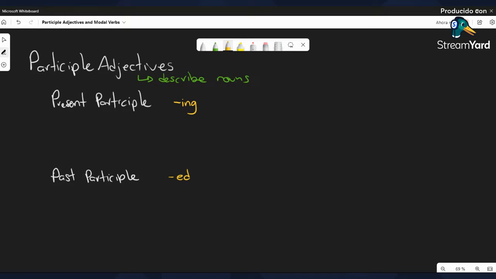For example, if you have the word surprise, and you want to end it with ing, you will say surprising. And if you use it as a past participle, you will say surprised. That's how we basically use it: we have the ending ed, and in the other one we have the ending ing.